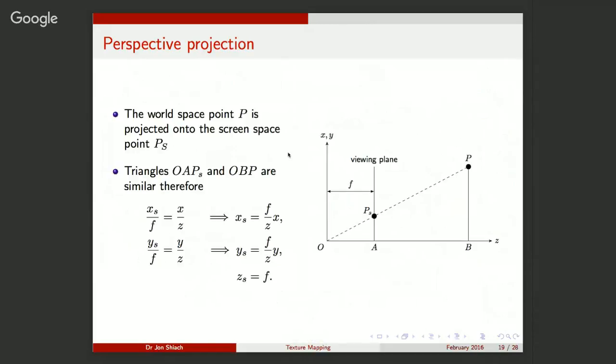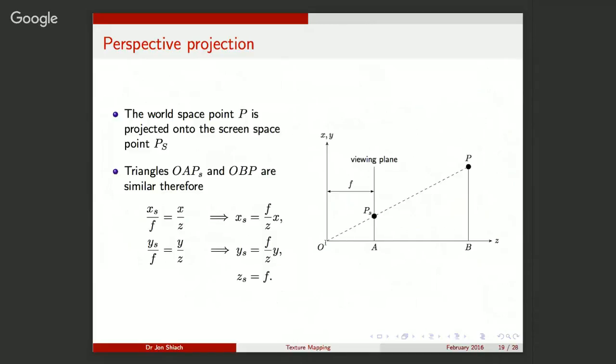Now, this is repeating a bit what Killian said in the first term. If P is a point in your world space, PS is the equivalent projected point in your screen space. These are the projection equations.